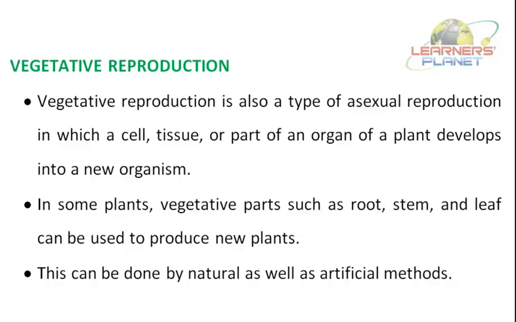Like new plants can be produced from above ground or below ground, horizontal runners like stolons of strawberries, rhizomes of many grasses, tubers of potato or dahlia, bulbs of onion and garlic, corms of gladiola or crocus, bulbils on the shoot like lily or many grasses. So there are many such plants which can reproduce asexually or vegetatively.